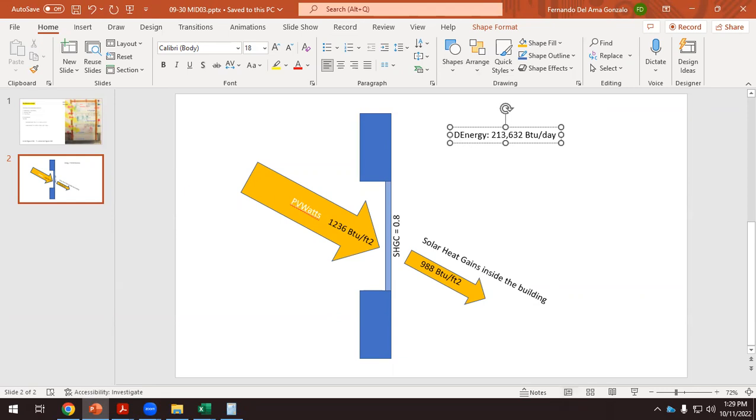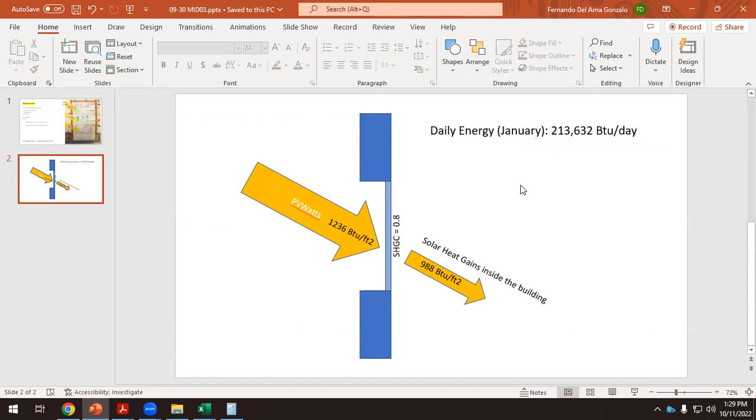Okay, so that's the daily energy in January.